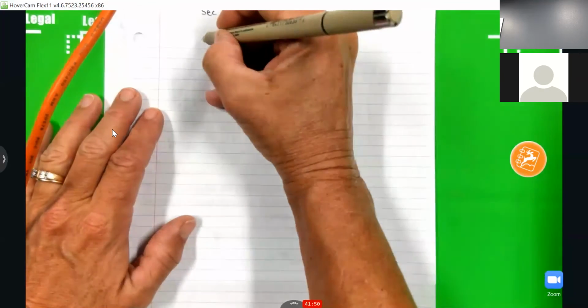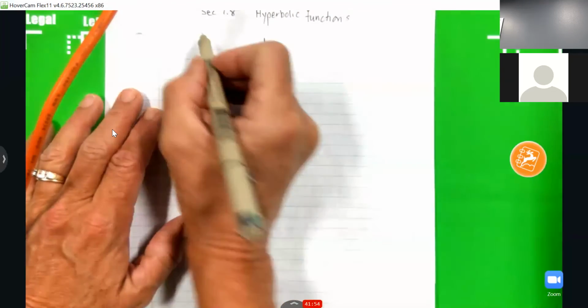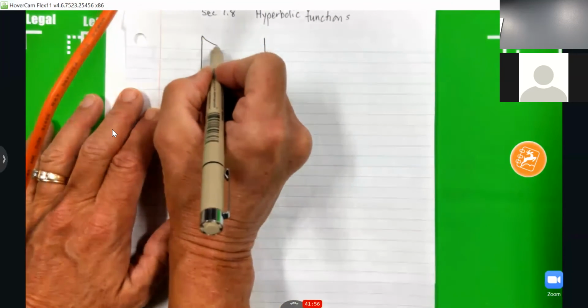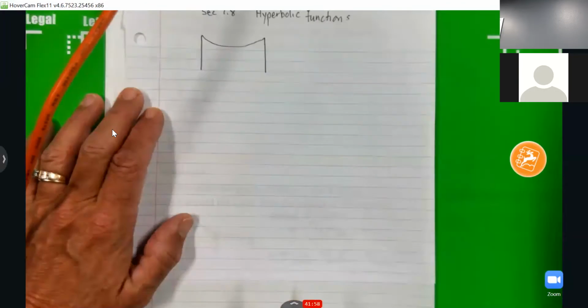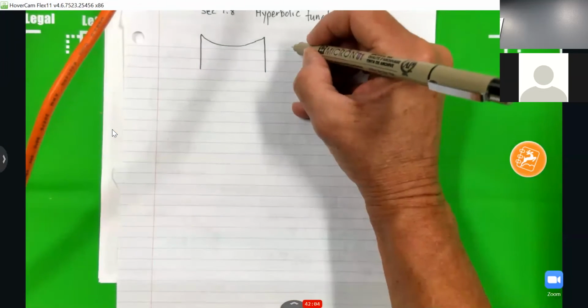That sag is defined by these hyperbolic functions. So if that's a pole, and that's a pole, and then you hang some sort of wire in here, it may not sag that much, but there is a little droop to it. This curve is called a catenary.